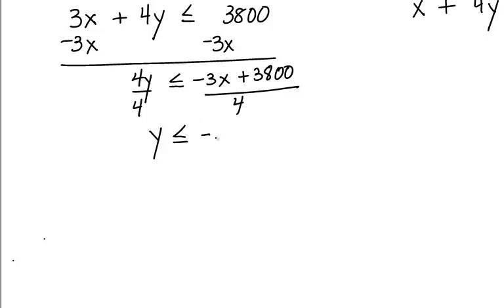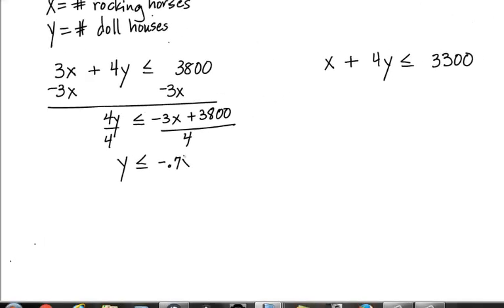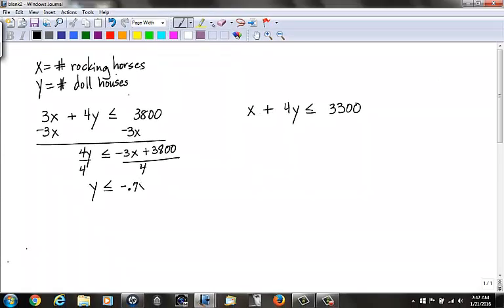And I'm going to go ahead and change this to decimals. The 3/4 should be the same thing as 0.75. And if you take 3,800 divided by 4, I get 950. You agree with that? Okay, so that's one of them you want to graph.